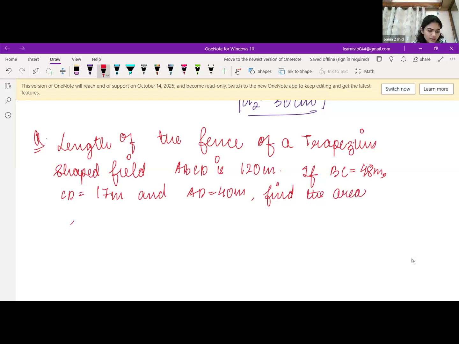Given is side AB is perpendicular to. This is the sign for perpendicular. Only I can use it, children. You will have to write the whole word perpendicular.